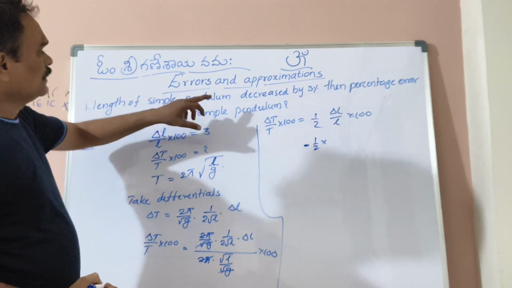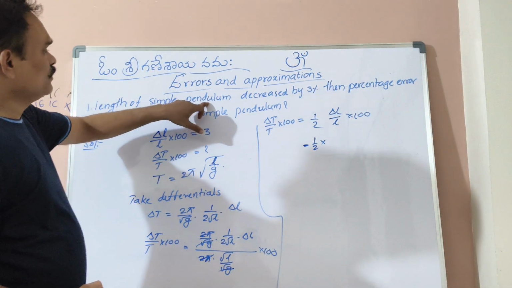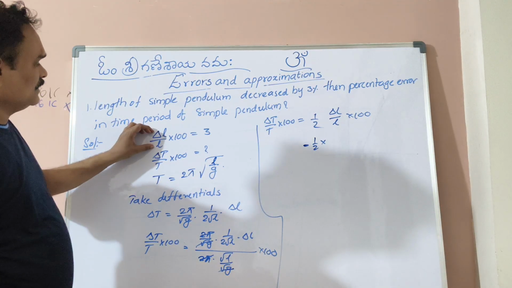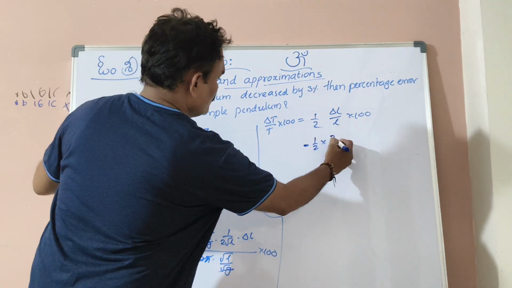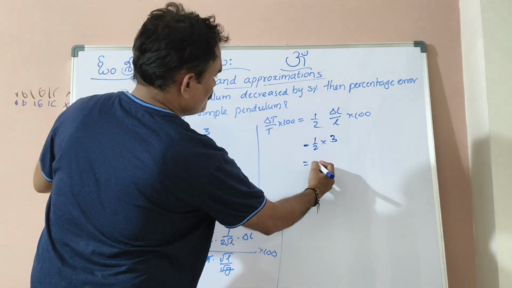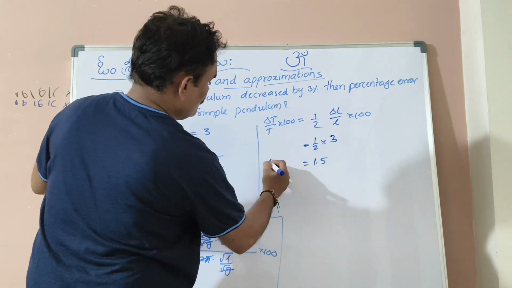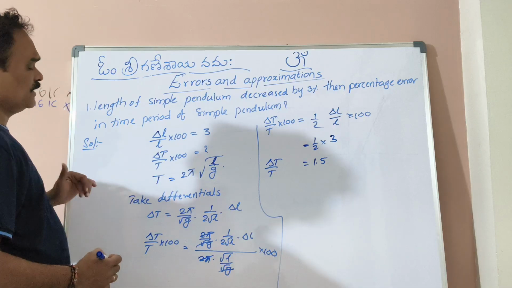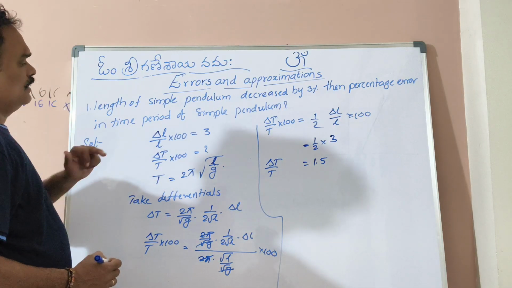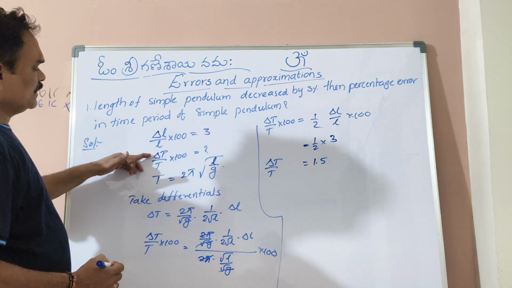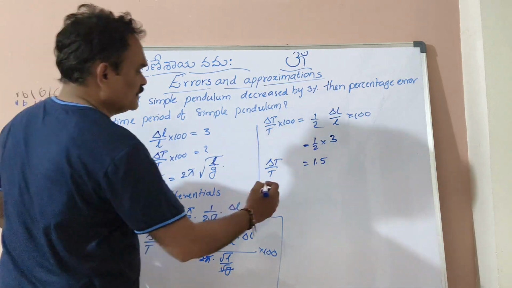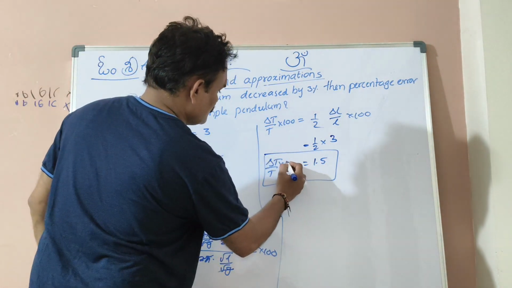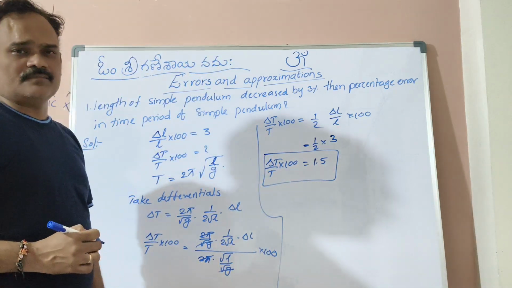The length of the simple pendulum is decreased by 3%, which means the percentage decrease in the length equals 3. So 3 by 2, which means 1.5. So if the length of the simple pendulum decreases, automatically we should take minus, then the time period of the simple pendulum also decreases by 1.5%. This is the answer to this question.